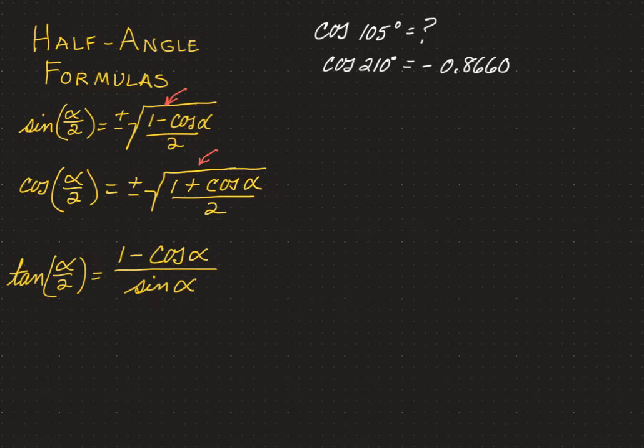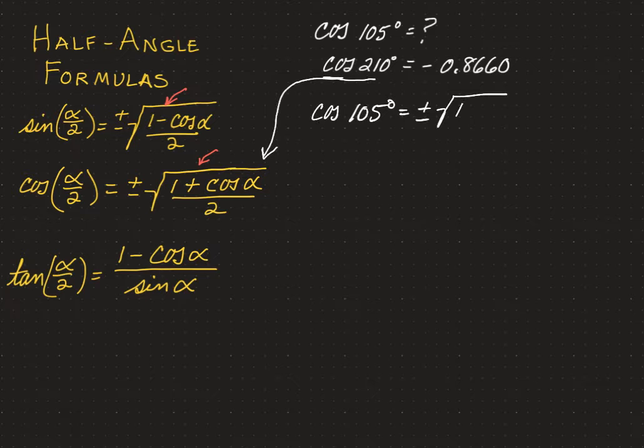So let's go ahead and find that cosine of 105 degrees by using the fact that we have the cosine of 210 degrees. We can put it right into the formula there.